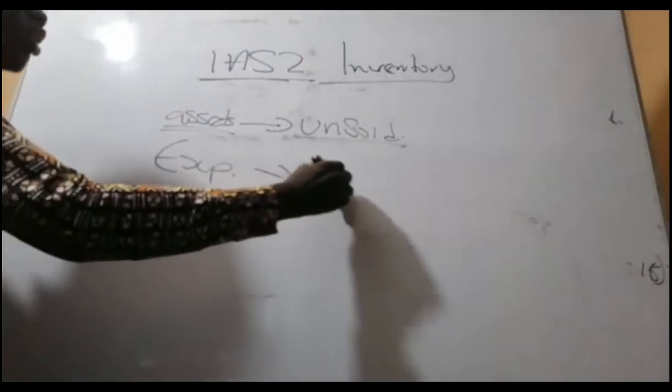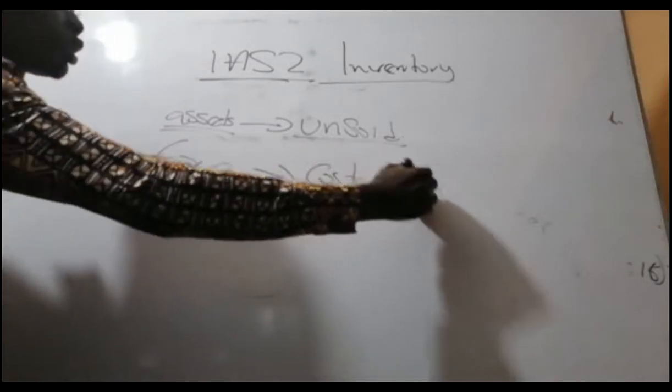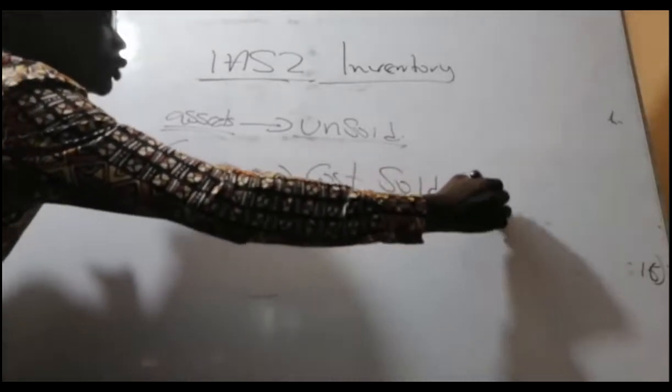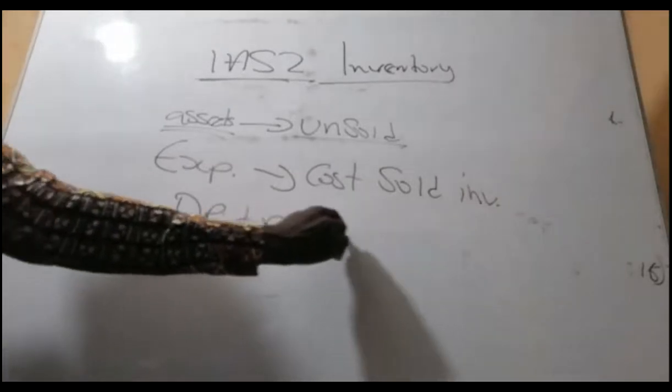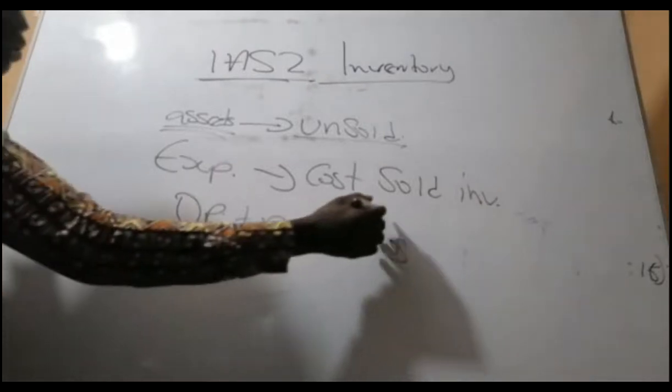But the cost of sold inventory is an expense. So that's why it's opening inventory plus purchases less closing inventory. Why? Because this is sold, this is unsold, so we take it off so that we carry it forward to the next period.